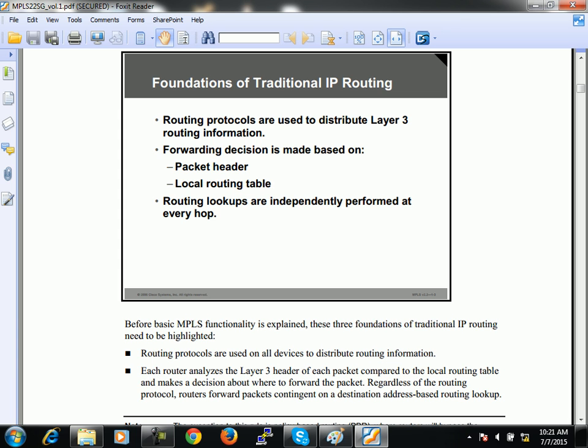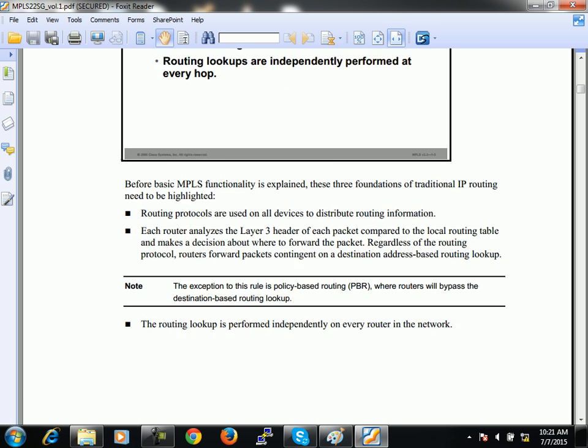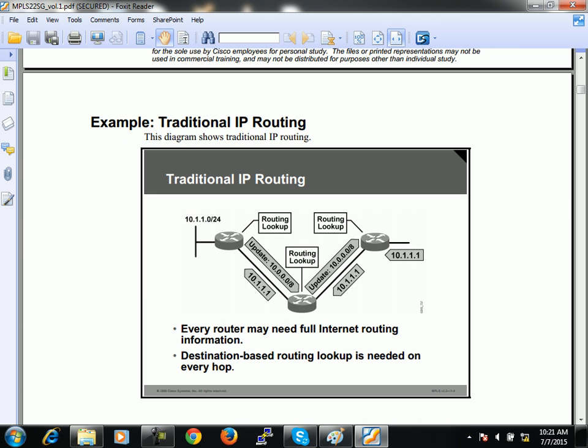If you talk about traditional IP routing, routing is performed by routing protocols dynamically, and the forwarding decision is made based on the packet header and local routing table. Routing lookups are independently performed at every hop. This is traditional IP routing. Updates go from R1 to R2, then R2 to R3.